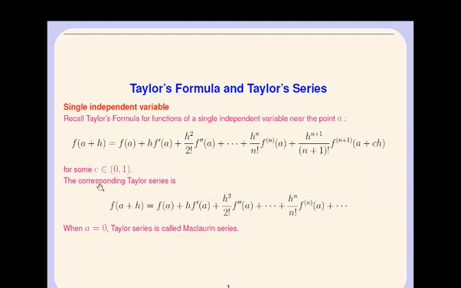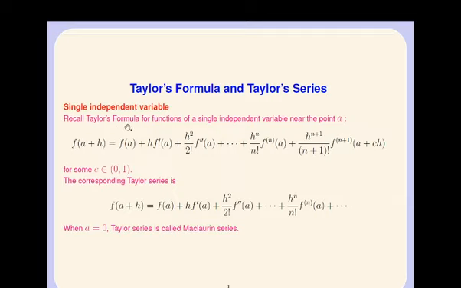So when c lies in between 0 and 1, A plus ch will lie somewhere in between A and A plus h. So the n plus first derivative has to be evaluated at that particular point, which lies in between A and A plus h.